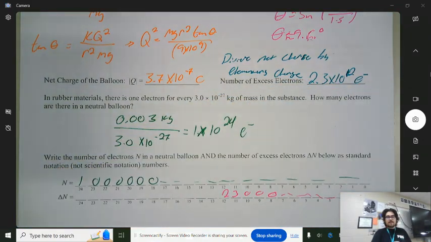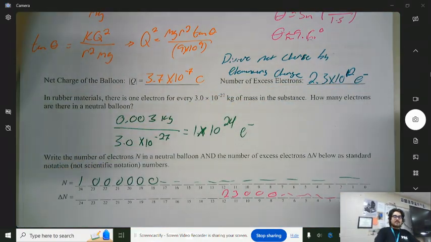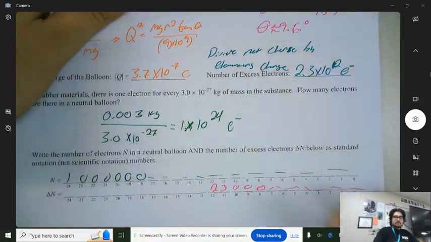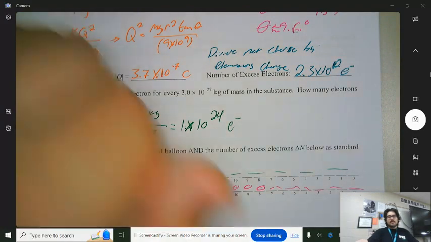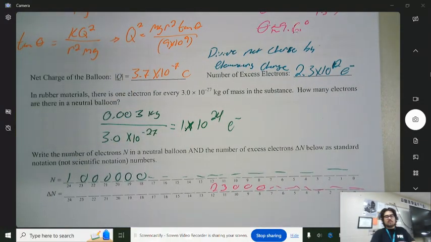So there are a lot of electrons in a neutral balloon, and we have this many electrons in excess. That's the end of this example, and the end of this section.